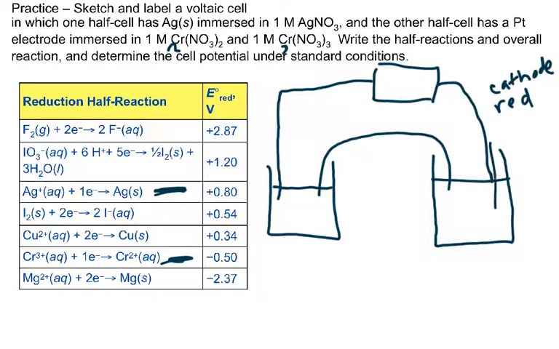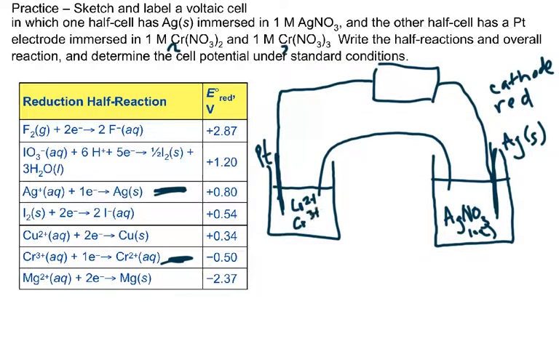And so my electrode there will be solid silver, and then I will have silver nitrate, aqueous here. Over here, I'm going to have a platinum electrode with chromium 2 plus and chromium 3 plus in there. And then I can figure out my cell potential.